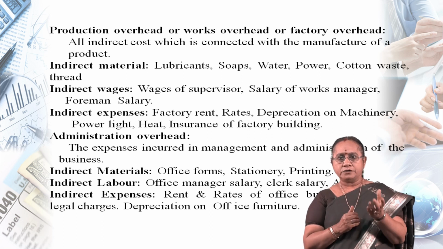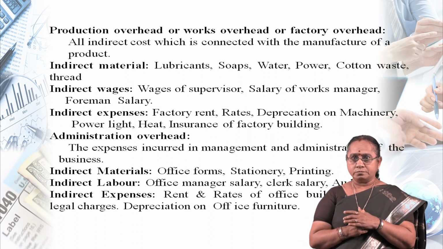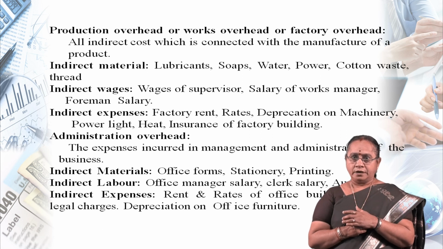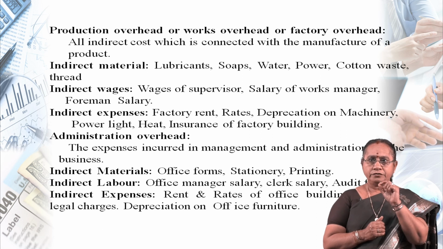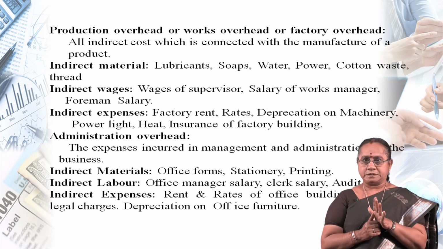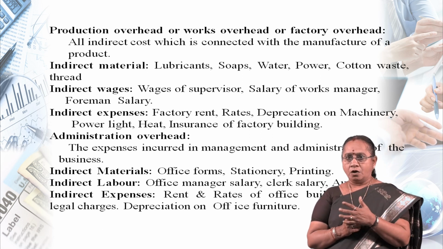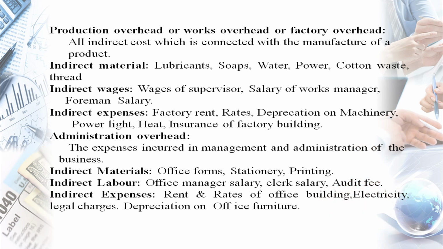Indirect materials related to administration are office forms, stationery, printing and other materials relevant for administrative purposes. Indirect labor is the office manager's salary, that is workers who are working for administration: office manager's salary, clerk's salary, audit fees, director's fees, everything.